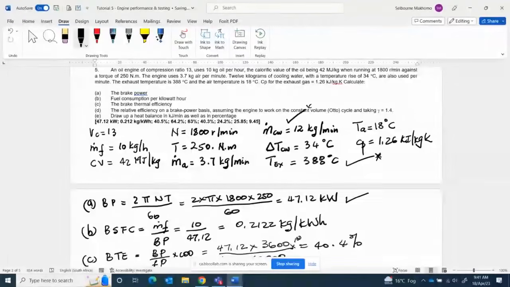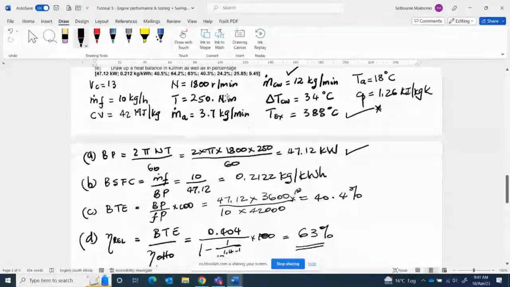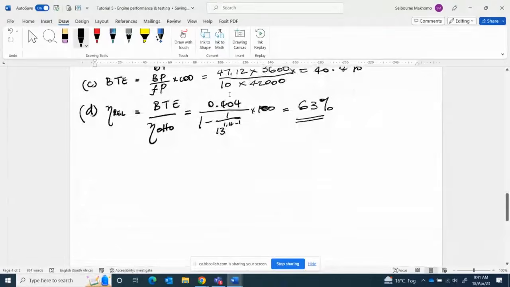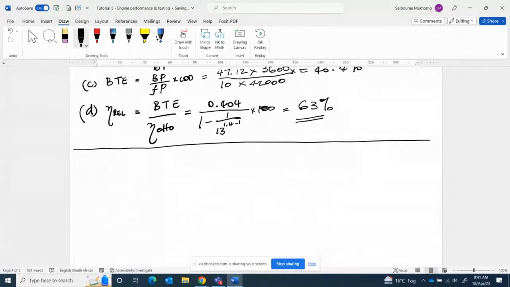So we are now going to draw a heat balance, and it must be in kilojoules per minute. At the end, we sit down and assess whether this engine is efficient or not based on the answers that we have got. So for the heat balance, we are going to have two columns.